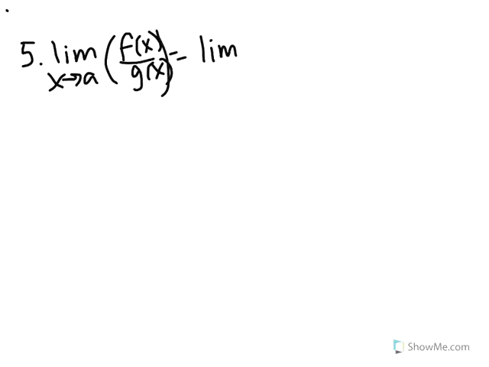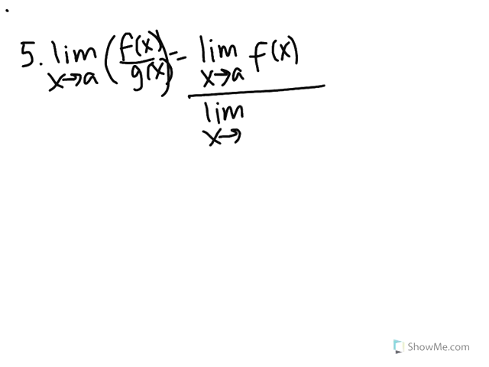So it equals the limit as x approaches a of f of x divided by the limit as x approaches a of g of x, the denominator. There is one little condition. The denominator can't be 0, so that limit can't be 0. Otherwise, it's undefined.